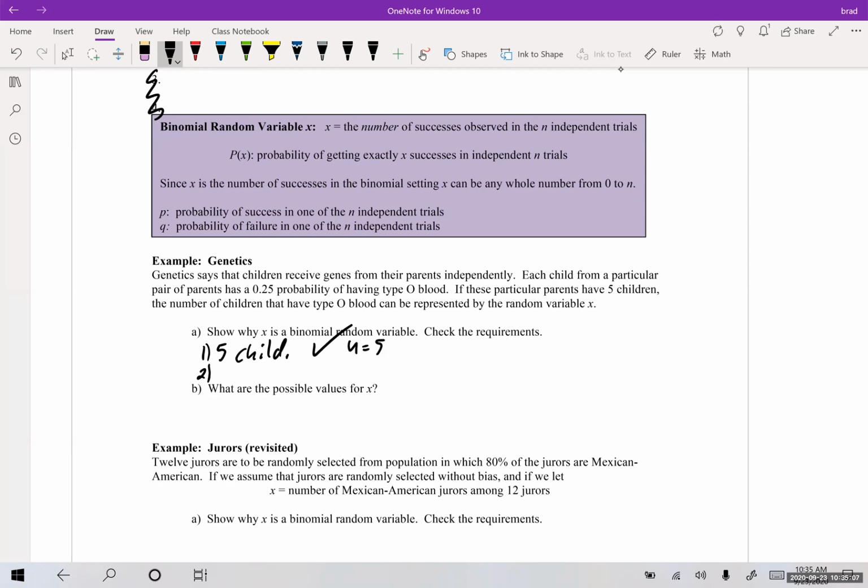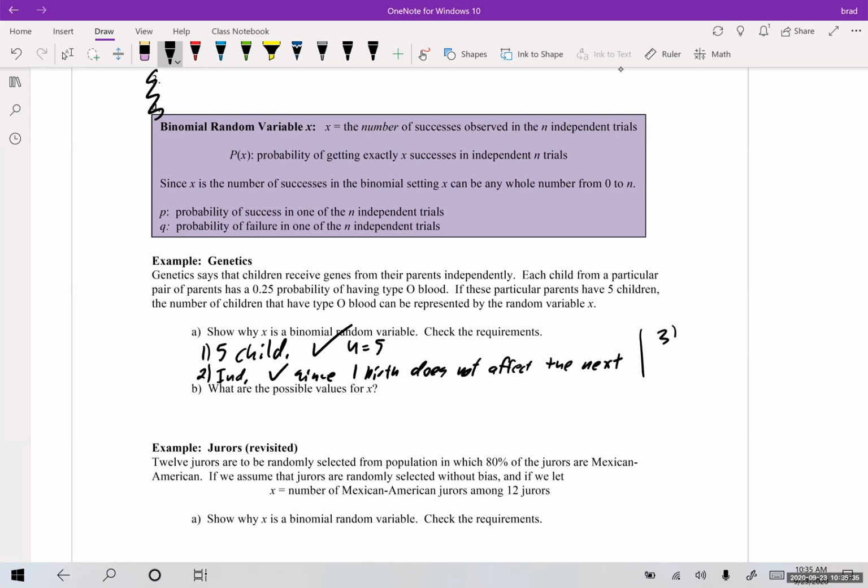The second part would be, are they independent? Yes, independent. One childbirth does not affect the next childbirth. So independent, check, since one birth does not affect the next.